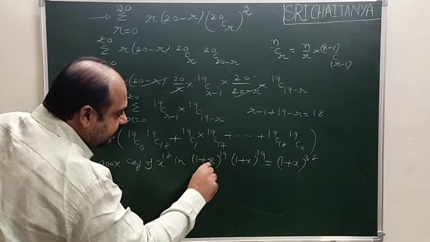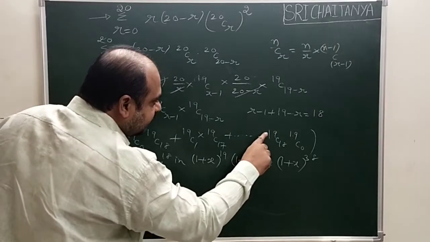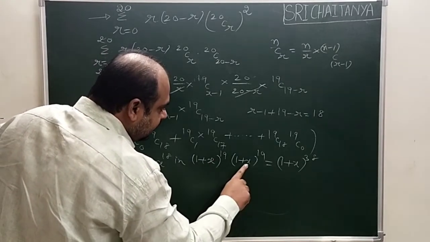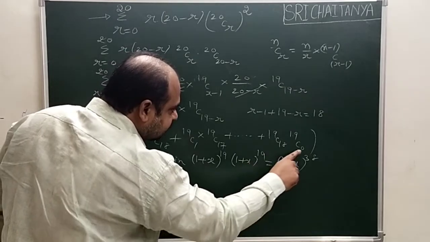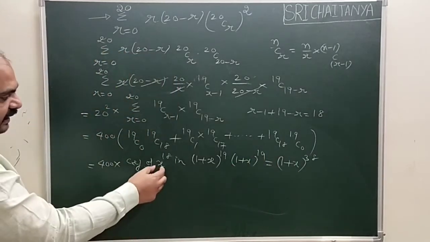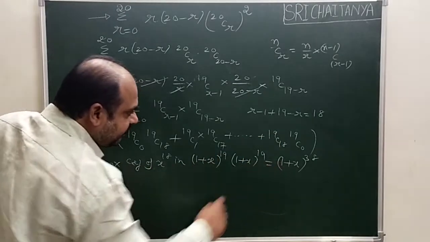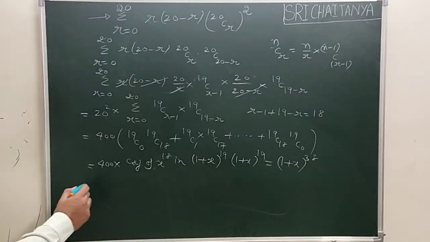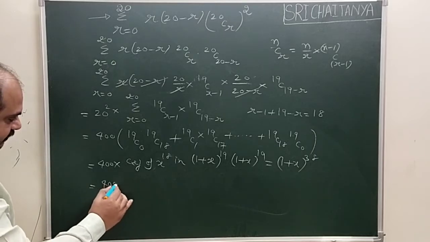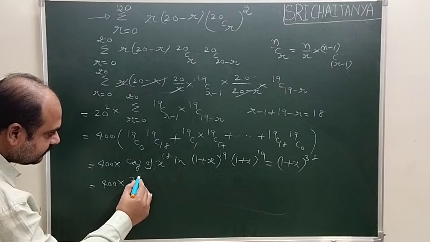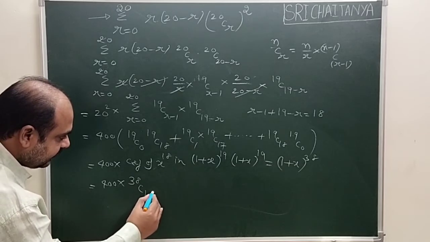Like that 2, here 16. Finally, coefficient of x power 18 into coefficient of x power 0. That means this product is nothing but coefficient of x power 18 in (1 plus x) whole power 38. That is 400 into 38C18. That is the answer.